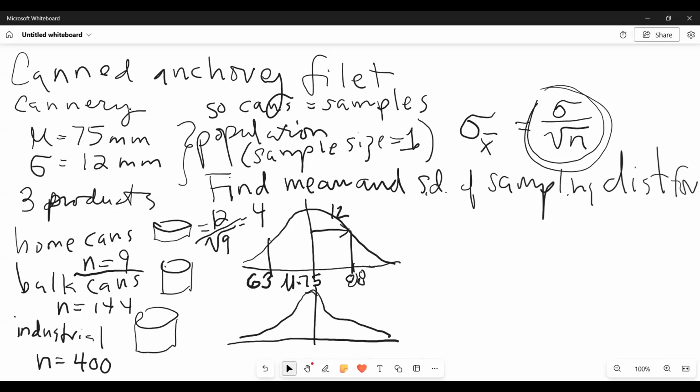It's going to have the same mean, 75, but instead of 12, it's going to have 4 for its standard deviation. So we're only out here 80 and 71.